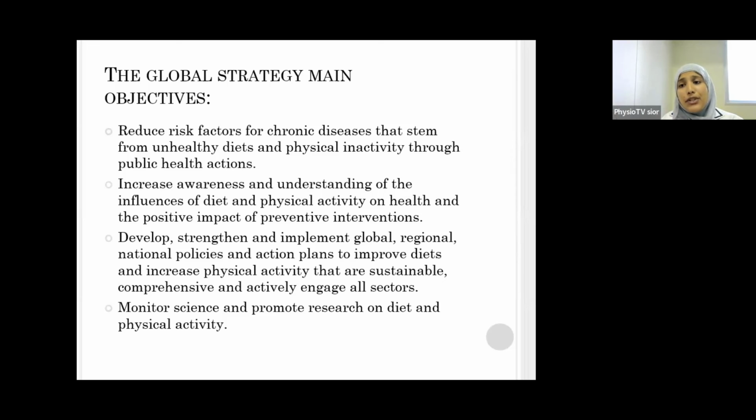That means we should have schemes in place to increase awareness and understanding within the public of the influence of diet and physical activity on health, and the positive impact of preventive interventions; develop, strengthen, and implement global, regional, and national policies and action plans to improve diets and increase physical activity that are sustainable, comprehensive, and actively engage all sectors; and monitor science and promote research on diet and physical activity.